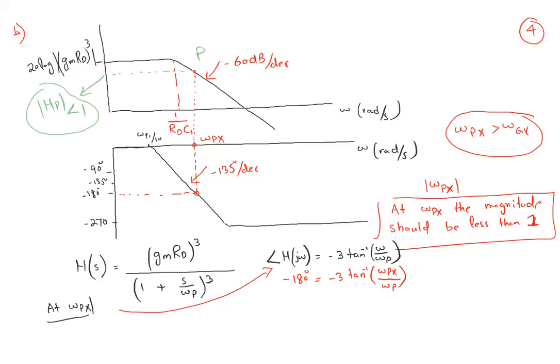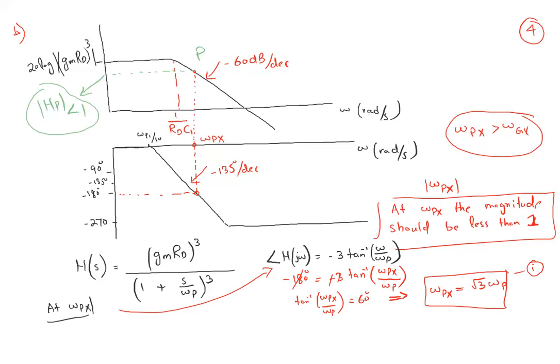So this will be cancelled out, so it will be tan inverse omega px by omega p equal to 60 degree, which will mean that omega px, the phase crossover frequency, is equal to √3 omega p. Tan 60 is √3. So ये हमारे पास एक condition आ जाएगी, ठीक है?